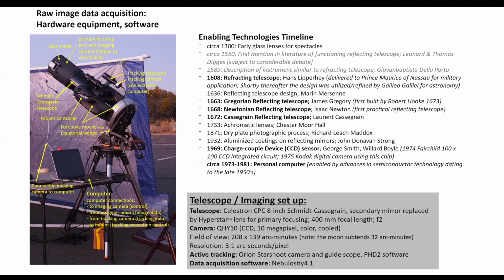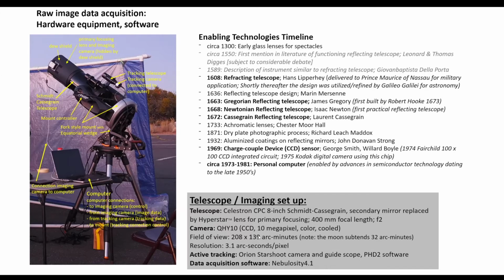And in 1969, the first charge coupled device, CCD, optical sensor was developed at Fairchild Semiconductor. The chip that they had as of 1974 was a 100 by 100, or 10 kilopixel, CCD, which Kodak used in 1975 in the first digital camera using this chip.